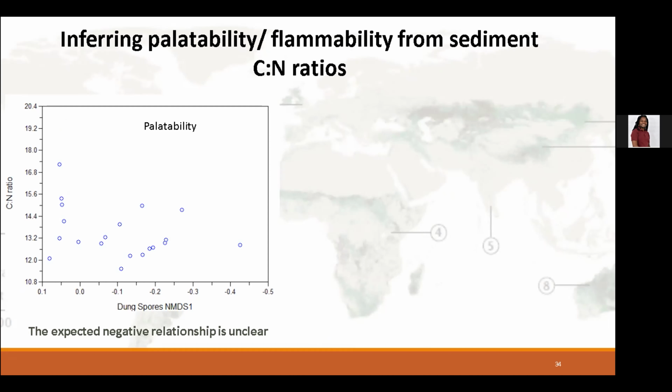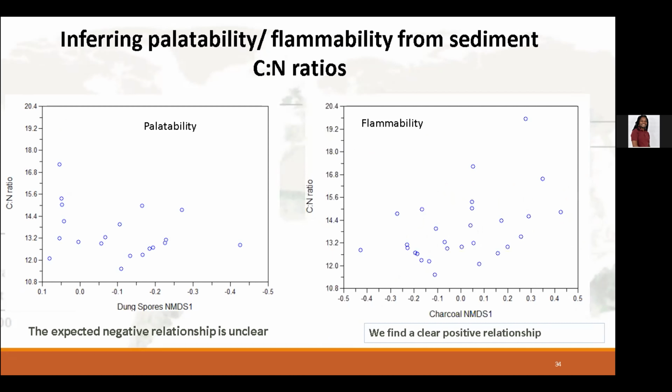We don't really have that nice negative relationship here. But when we look at flammability, in terms of CN ratio with the charcoal NMDS1 ordination, we see a clear positive relationship that we expect, that as you increase in biomass, you increase in CN ratio, which means that you increase in fire.